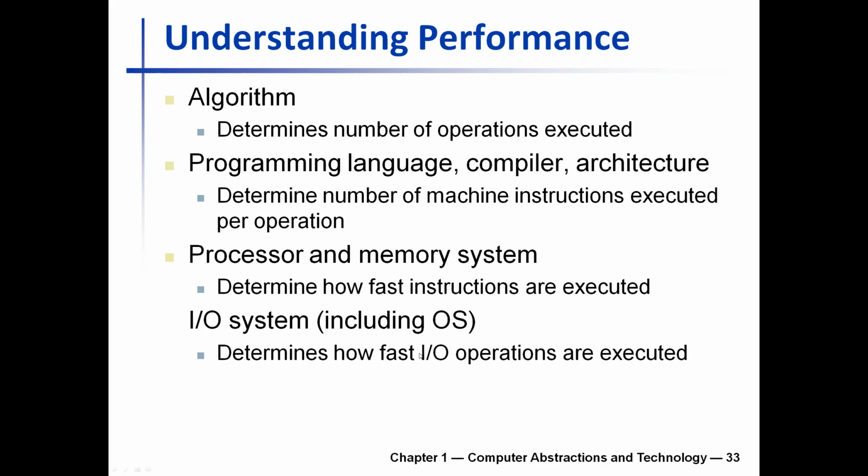So the properties of all of these sub-elements come into the picture when we talk about performance at the hardware level. So of course, then there are some other associated things at the system level, like input output and operating system services. So at that level, we talk about how fast these IO operations can be executed.